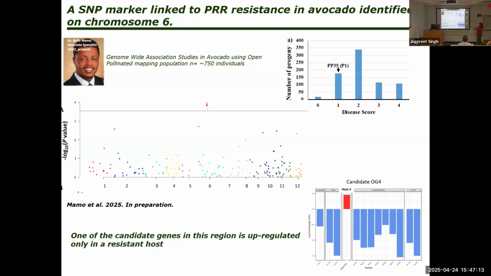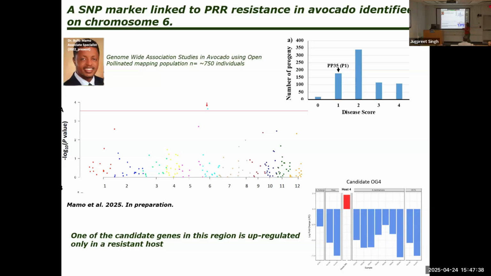And the most interesting thing is that we have a lot of RNA-seq data from avocado and other hosts, and when we look at this SNP area in chromosome 6, we found a candidate gene or gene family in that area, which is associated with a resistant plant, which makes us more confident that now we can try to validate this marker and this candidate gene.